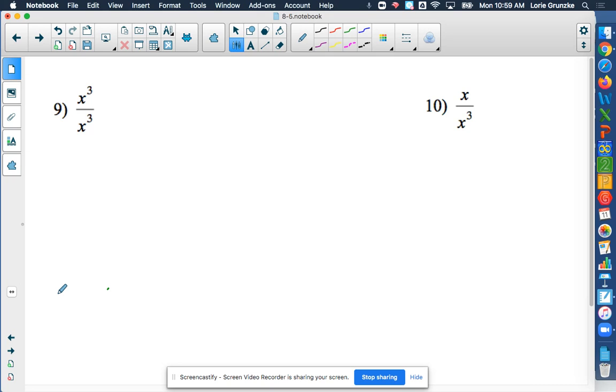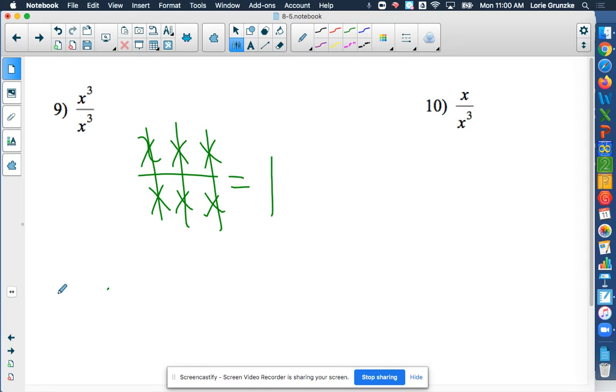X3 over X3. Should have had a different one. X, X, X over X, X, X. Cancel, cancel, cancel. Shortcut. 3 take away 3 is 0. X to the 0 is 1. X to the 0 is the same as 1, and that's why.